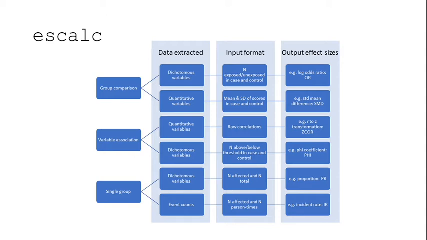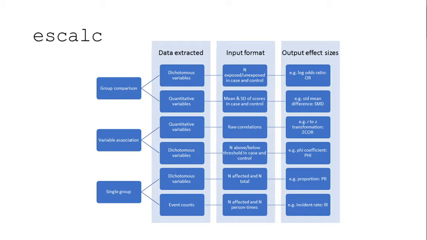Basically, you've got an input format. So, for example, with quantitative variables, if you're doing a group comparison, what you might have extracted from the study is the mean and standard deviation of scores in cases and in controls. That's kind of a typical thing that they might have reported. And you can, from this, ask escalc to give you a standardized mean difference.